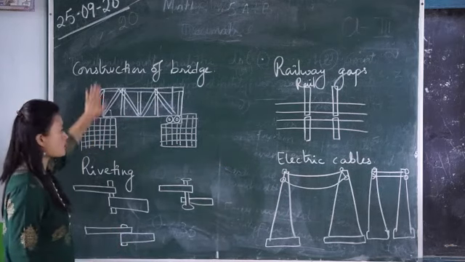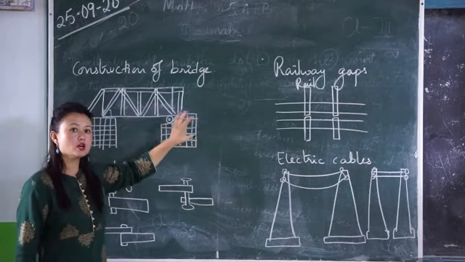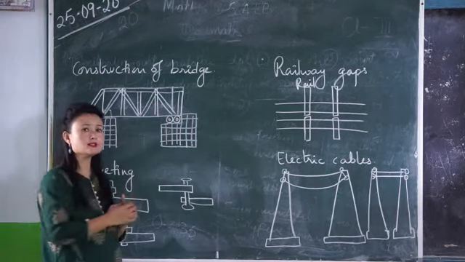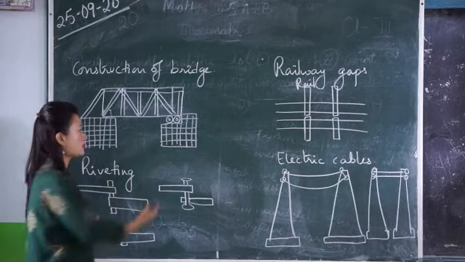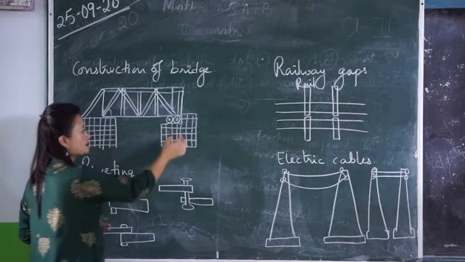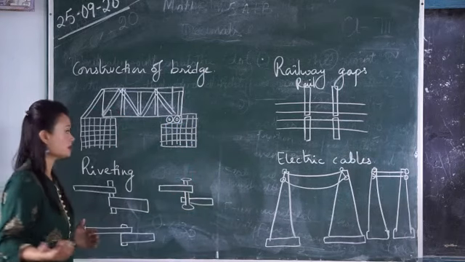One part is fixed, and the other part is connected with rollers. During summer, when there is a lot of heat, the bridge will try to expand, and the rollers help it expand properly and easily.